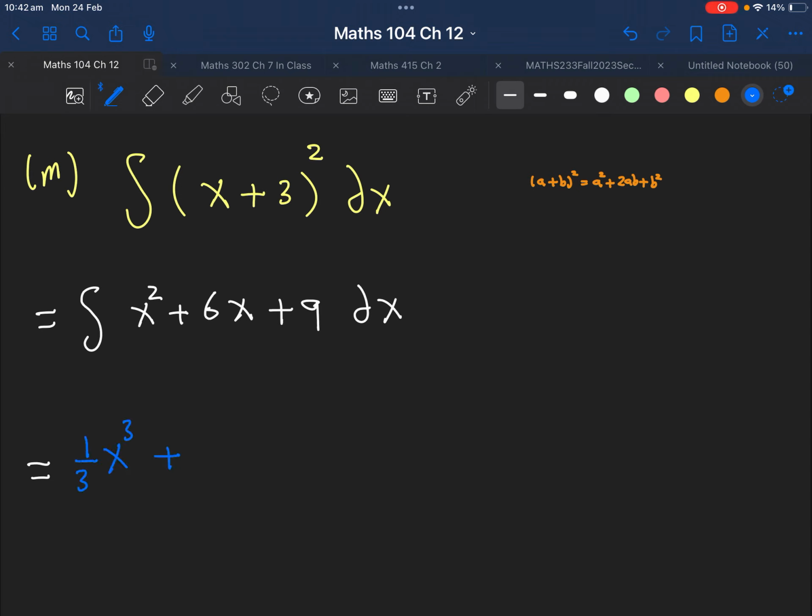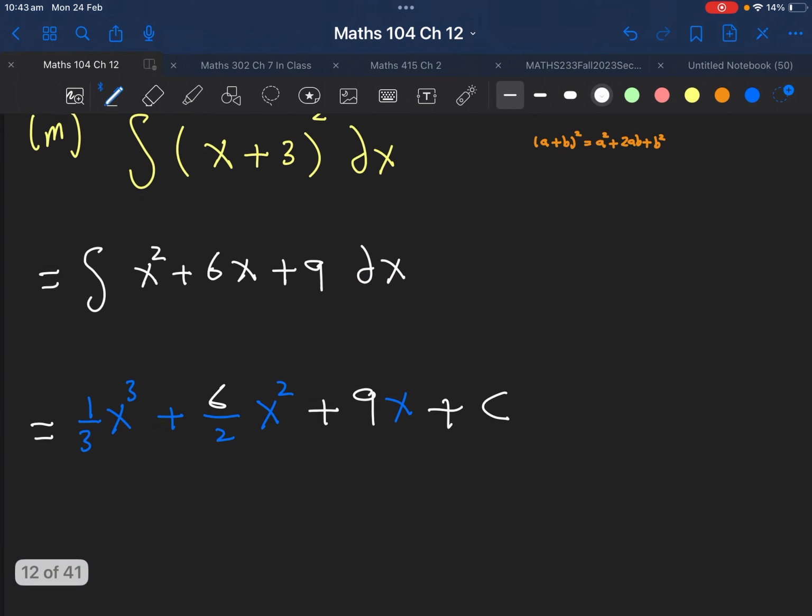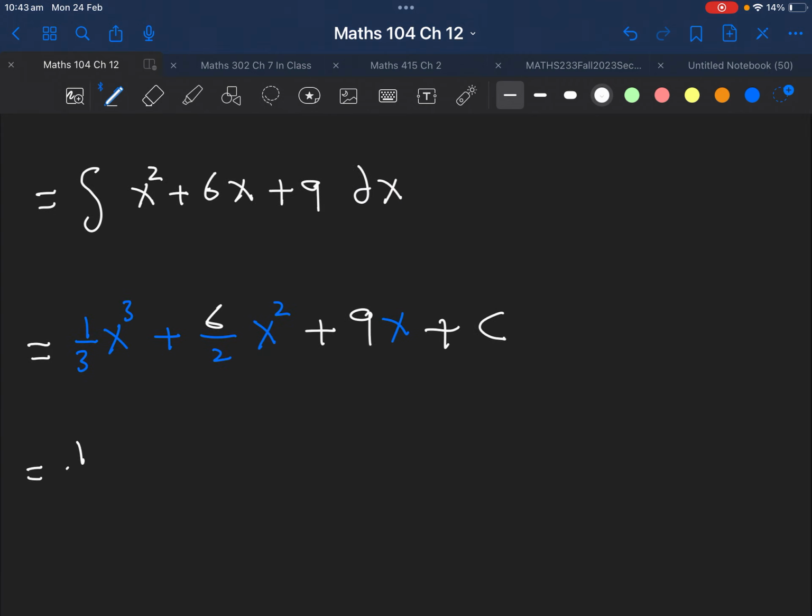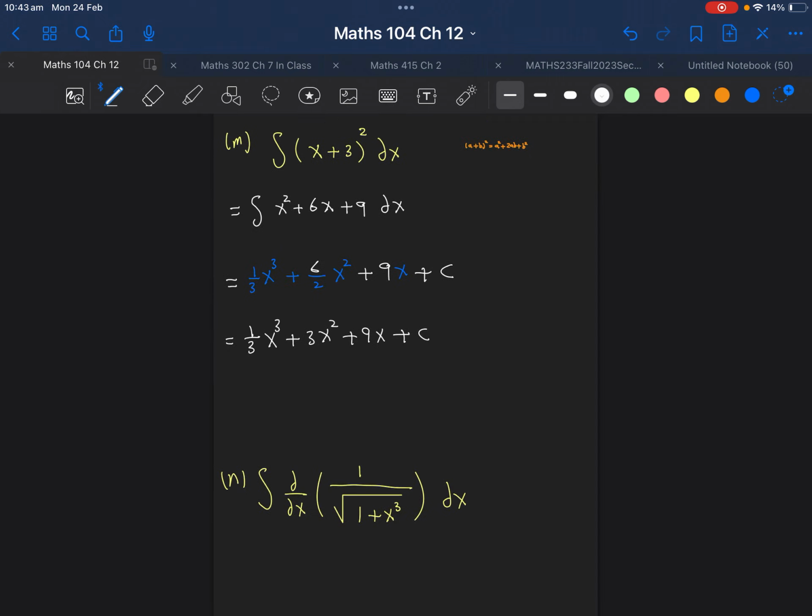I add 1. 6x will be x squared divided by 2, and we have the 6, plus 9x plus c. So all in all, the final answer would be 1 over 3 x^3 plus 3x squared plus 9x plus c. And that's part M of the question.